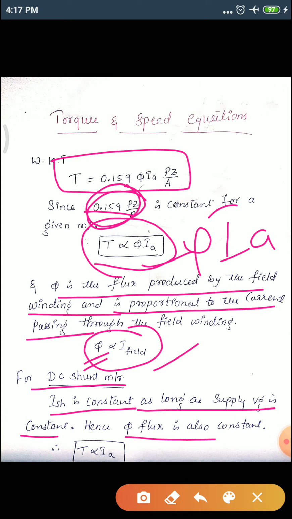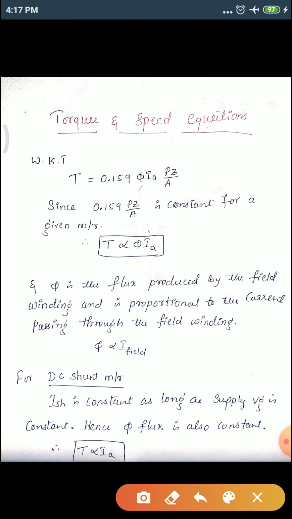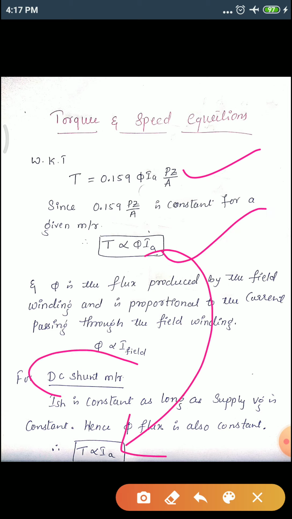Flux will be constant, therefore T will be proportional to the armature current. You are supposed to remember all these formulas. This is a general formula. Based on this, for a DC shunt motor, torque will be proportional to Ia.